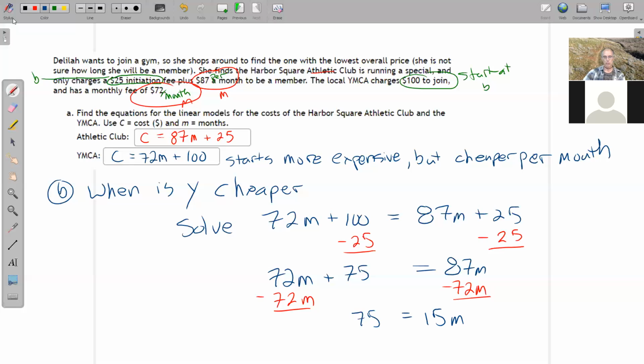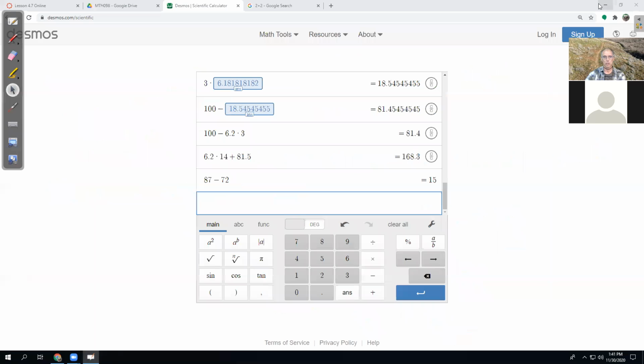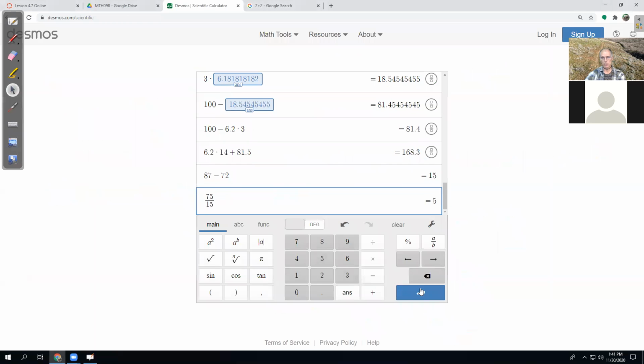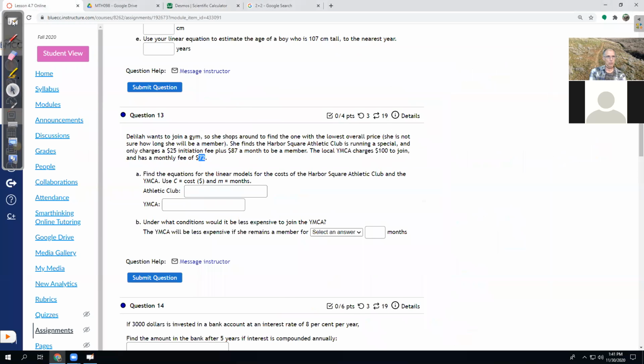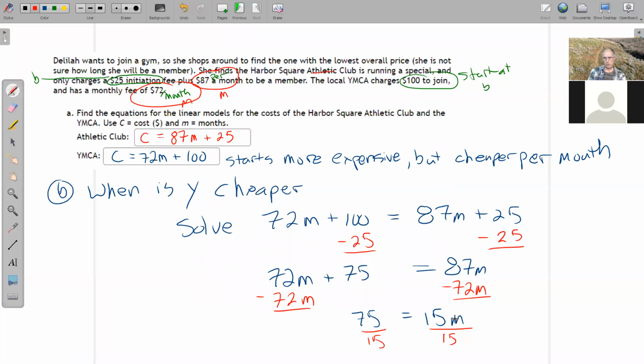And then the last step is just divide by 15. I'm going to guess 15 goes into 75 five times, and yes, 75 divided by 15 is 5. So I have 15 divided by 15, which is 1, and 1 times m is just m.